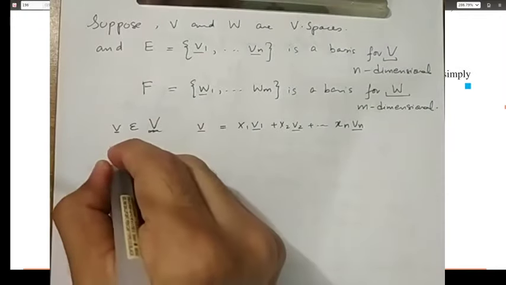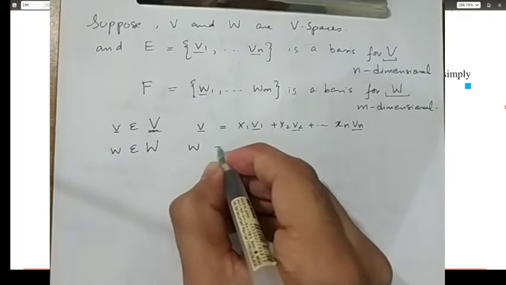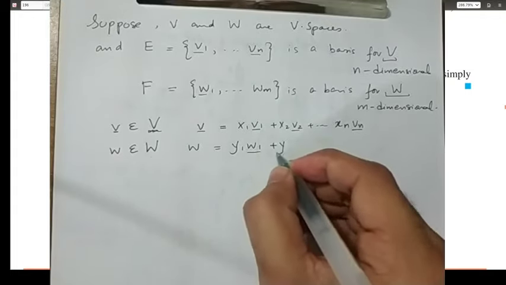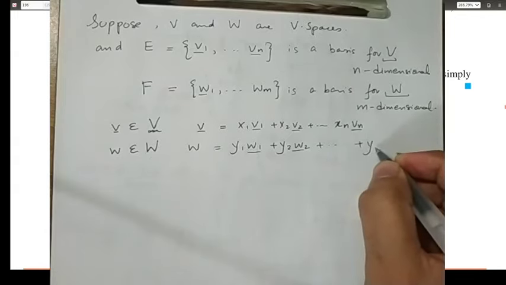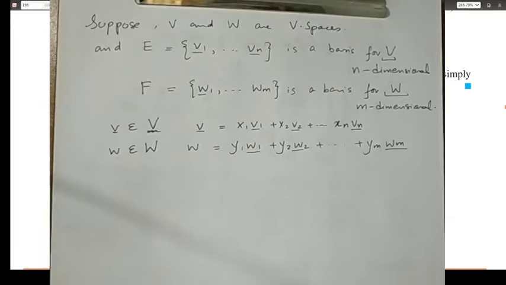And if w is a vector in the vector space W, then it can also be expressed as a linear combination of the basis vectors, y1 w1 plus y2 w2 plus up until ym wm, right?